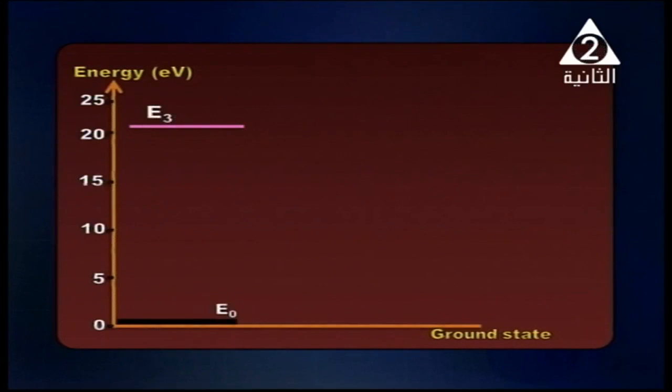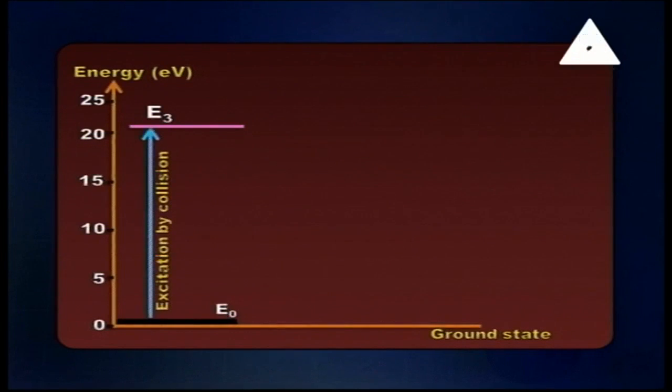Talking about helium atoms, we've got 2 energy levels: the ground state denoted by E0 and the metastable energy level denoted by E3. When pumping is accomplished, helium atoms are raised to level E3.